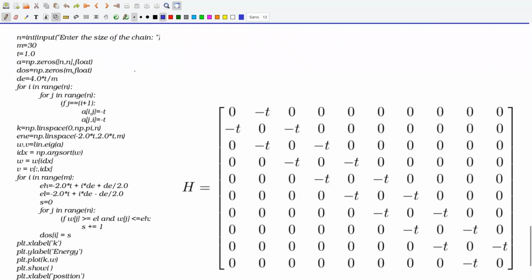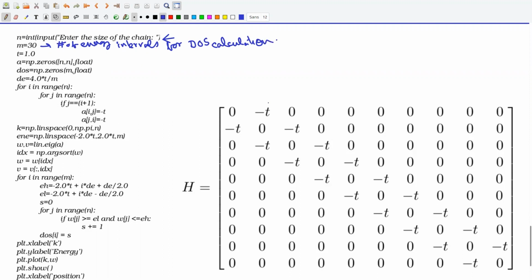Let me show a Python code to construct the Hamiltonian matrix, get the energy eigenvalues, and also get the eigenfunctions. The code is going to ask for the number of atoms in the linear chain. M is the number of energy intervals for density of states calculation.